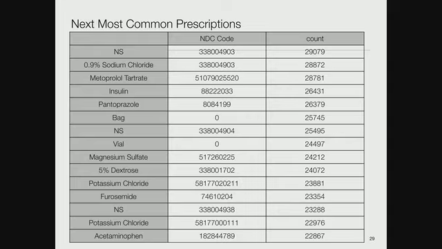Next most common, you see normal saline, 0.9% sodium chloride. So that was the same stuff as the flush solution, but this time not being used for flush. Metoprolol is a beta blocker. Here's another insulin, this time with an NDC code, etc. I love bag and vial, okay?